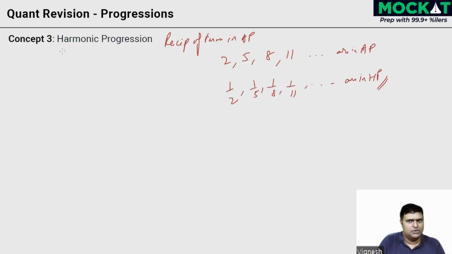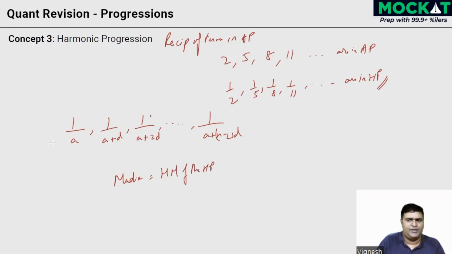That's it. So how do I define HP? 1 by A, 1 by A plus D, 1 by A plus 2D, and so on till 1 by A plus N minus 1 into D. The median term over here is going to be my harmonic mean of the HP. The entire thing, if I take the harmonic mean, that's my median term, right?